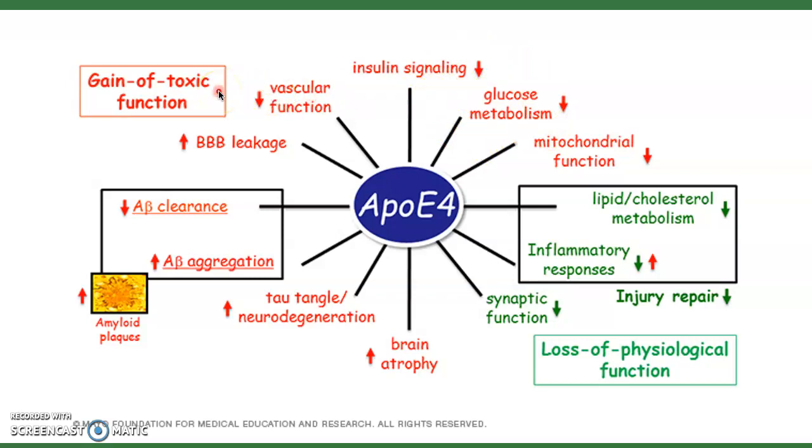Another thing that people like myself with the APOE4 allele have to look forward to is blood-brain barrier leakage. The blood-brain barrier has all those tight junctions, those intercellular junctions that line the endothelium and really make it picky as to what gets into the brain and what gets out.